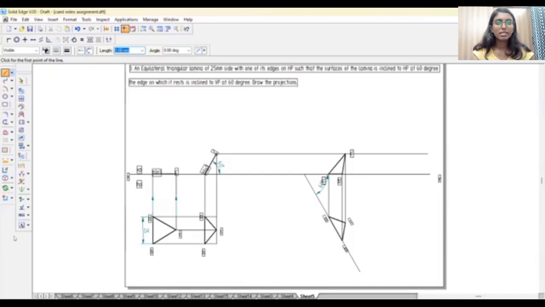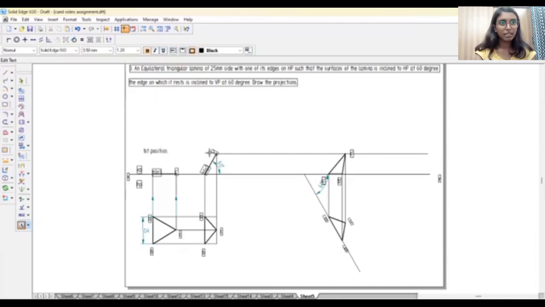Now let's take the thickness of 0.5 mm. Let's first see the intersection points. Here A dash and A are intersecting, so this is A, and B dash and B are intersecting over here, so this is B dash.